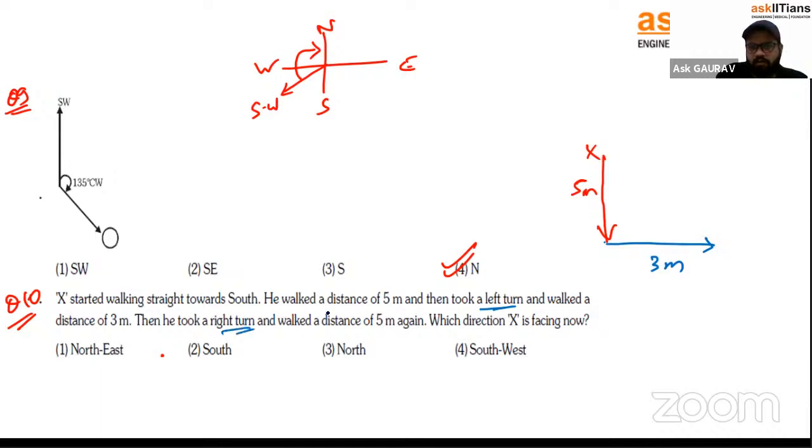Then he took a right turn, and 5 meters again. In which direction is X facing now? This direction is south. The direction you will face will be south, right?